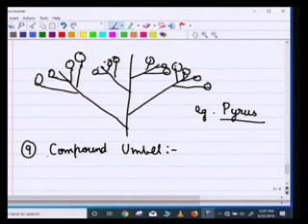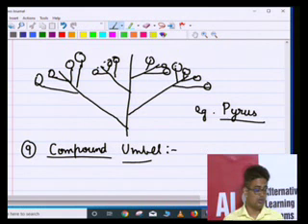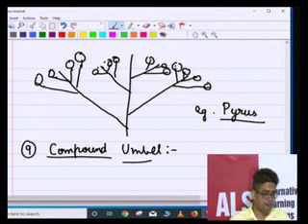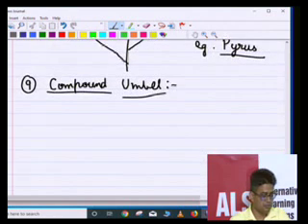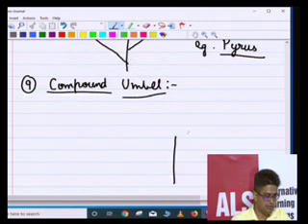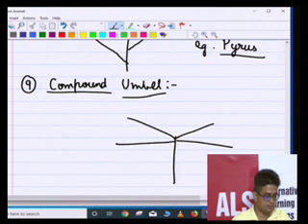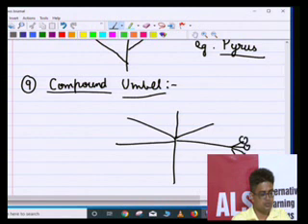Compound umbel means the flowering axis has undergone branching, and each branch bears an umbel inflorescence. Similarly, in umbel, the branching will be in the flowering axis, and each branch will bear a collection of umbel inflorescence.